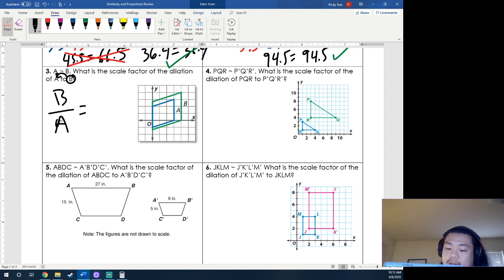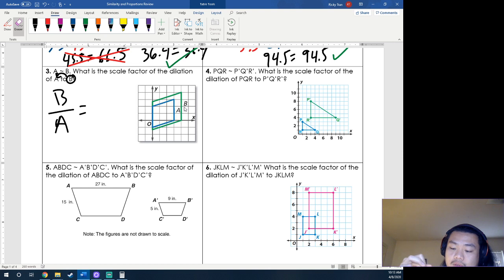All right. So all we're doing now is picking a side that we can easily count, because guess what? You can't count diagonally. We don't know how to count diagonally. That's not how it works. But we can count vertically. So if we look here, we have B, 1, 2, 3, 4.